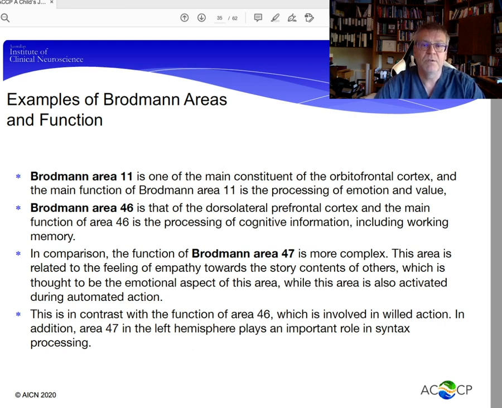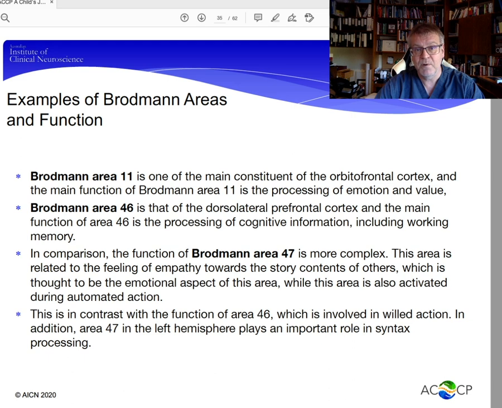And it's also activated automatically or in a reflexogenic fashion. So you really can't have control over this area so much. But in contrast to that, area 46, which is involved with willed action or action that you can control, is an important difference between those two areas.